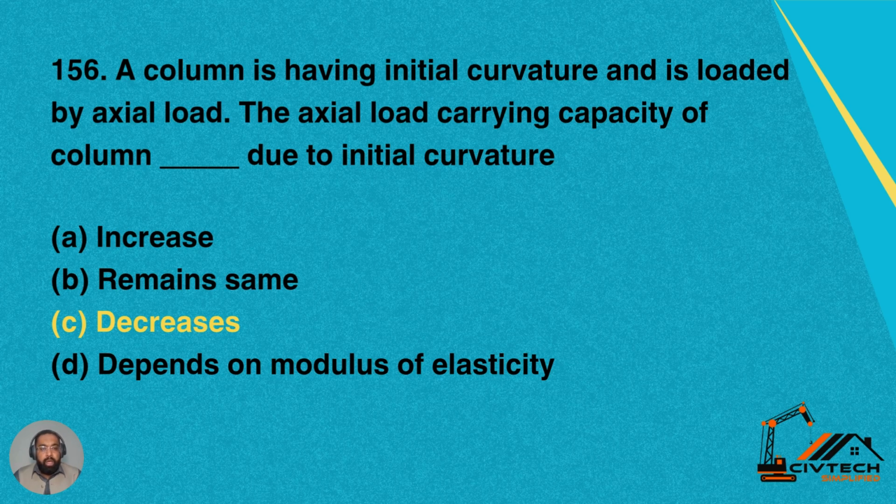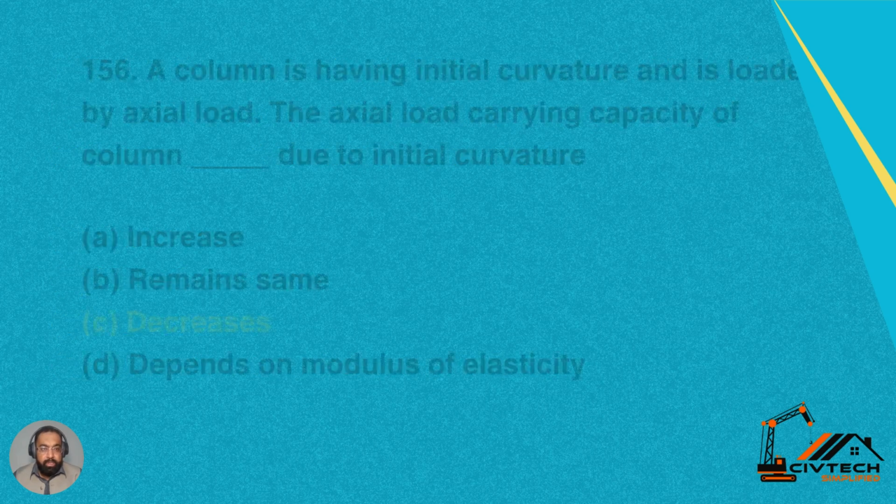Option A increase, option B remains same, option C decreases, option D depends on modulus of elasticity. So the axial load carrying capacity of column decreases due to initial curvature. C is the correct answer for this question.